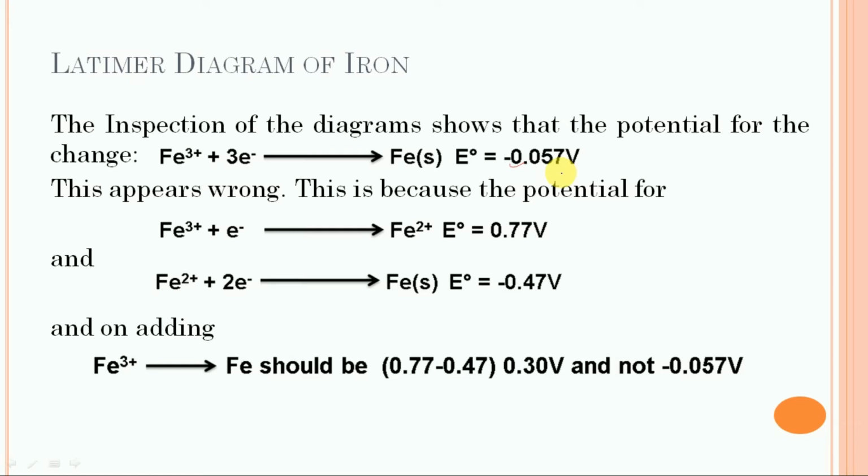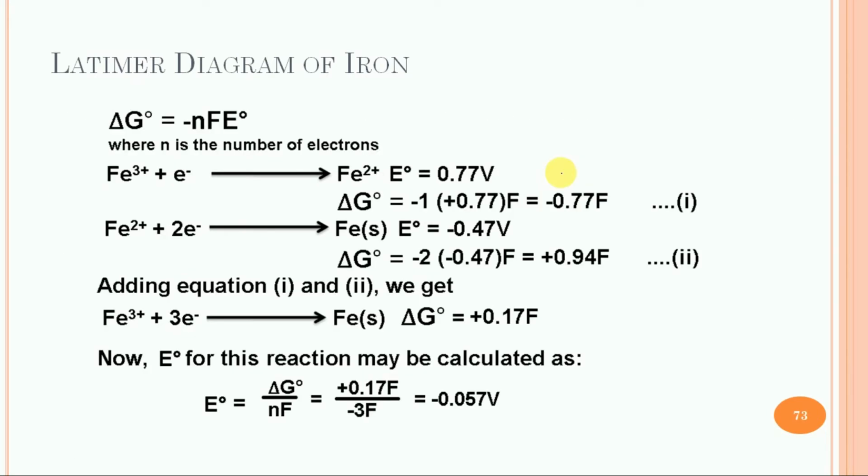However, potential can be converted into free energy using the well-known relation: delta G standard, that is the Gibbs free energy, is equal to minus nFE, where E is the electrode potential in the standard state, F is the Faraday constant, and n is the total number of electrons transferred between the oxidizing and reducing agent as determined by the balanced chemical equation.